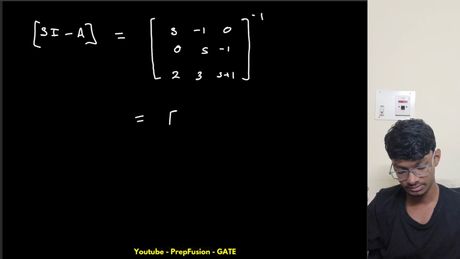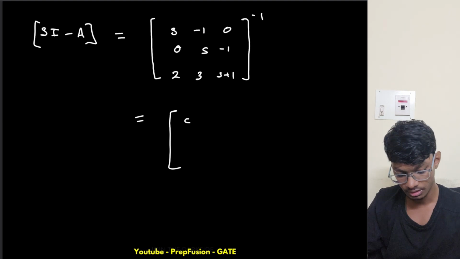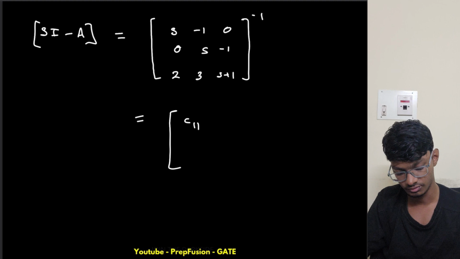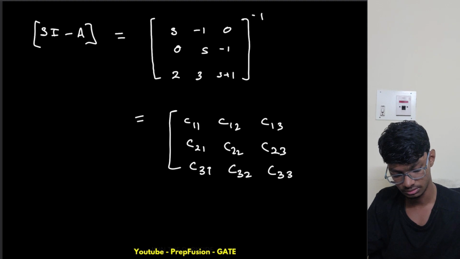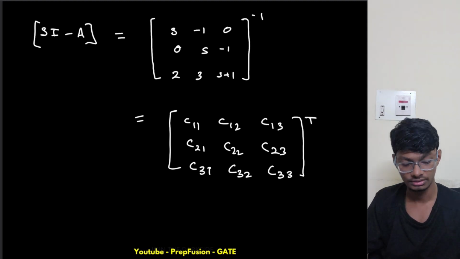So what does my inverse become? Let's say the cofactors of each of these elements. The cofactor of the first row and column element is C11, then C12, C13, then C21, C22, C23, C31, C32, C33. And I take the whole transpose of this, that will be my inverse.